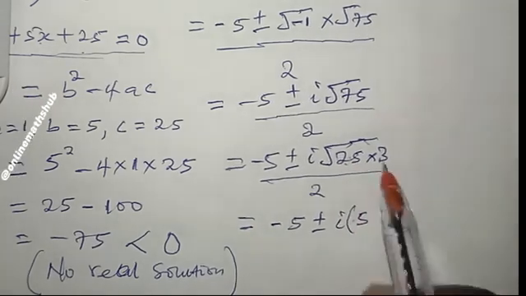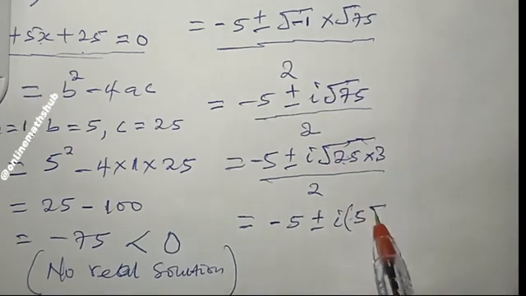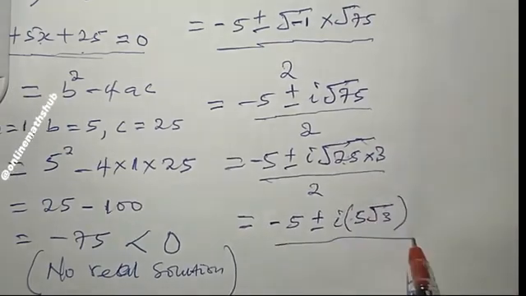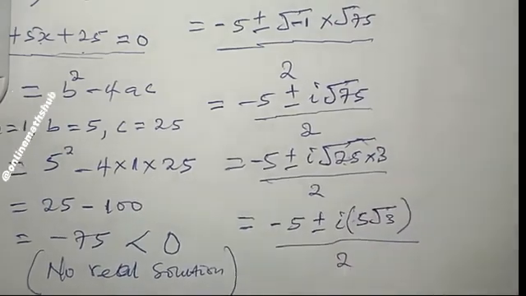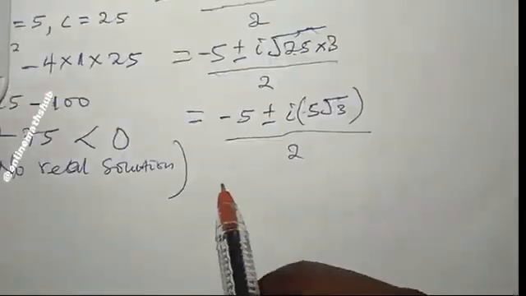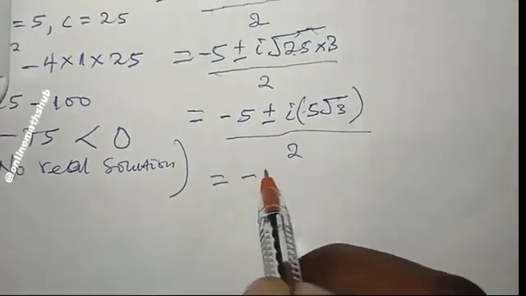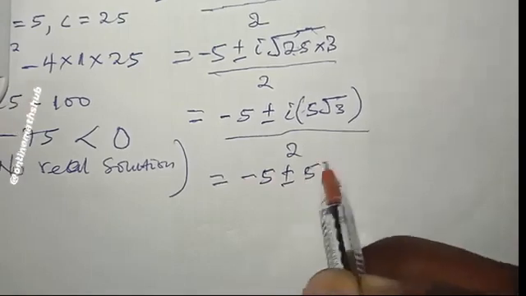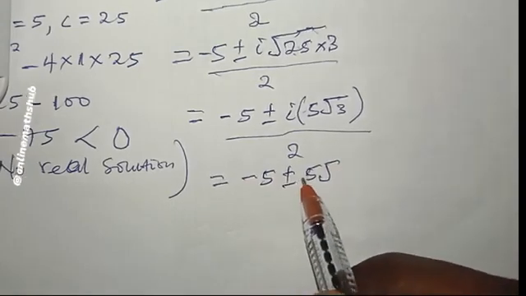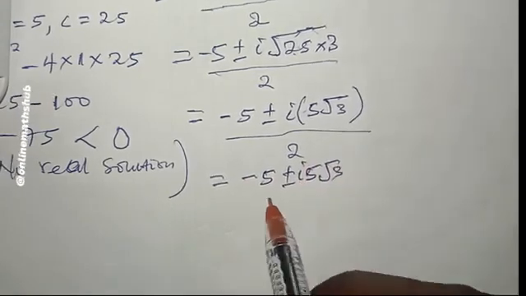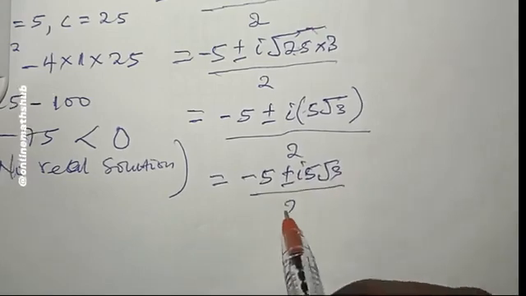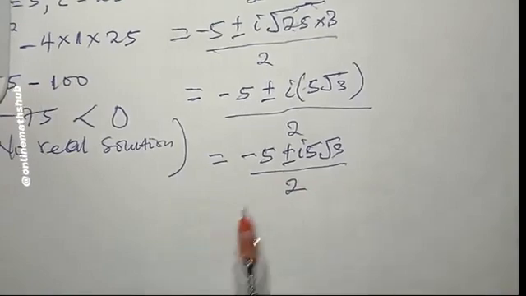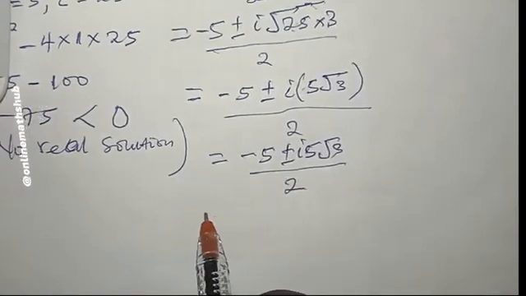Let me put it in bracket, 5 root 3, divided by 2, so that eventually what we have is minus 5 plus or minus i 5 root 3 divided by 2. Clearly here you can see the two values of x.